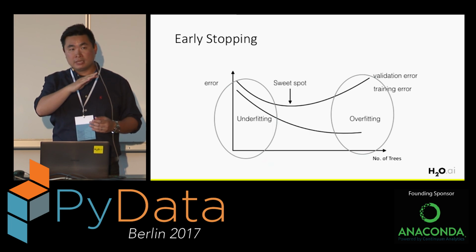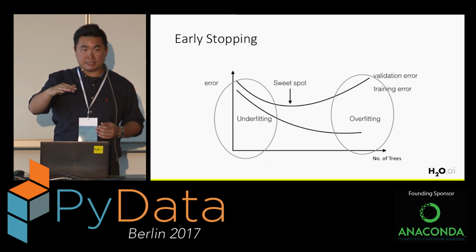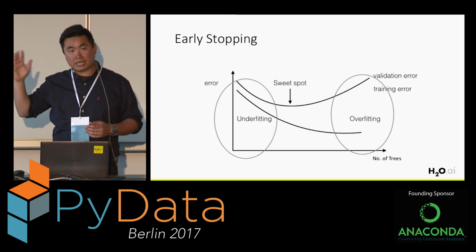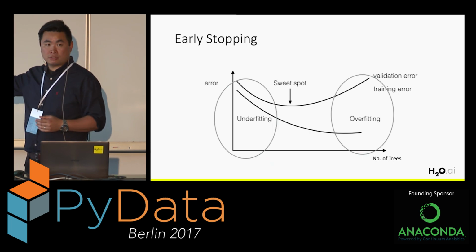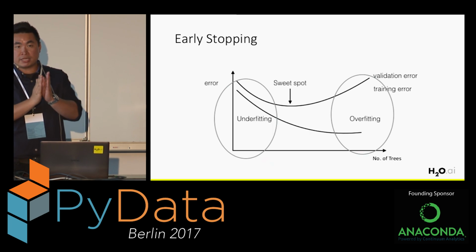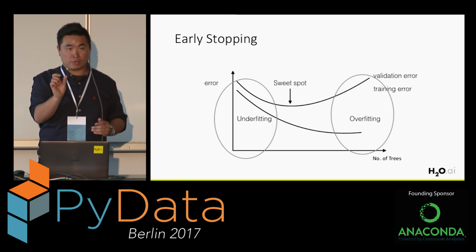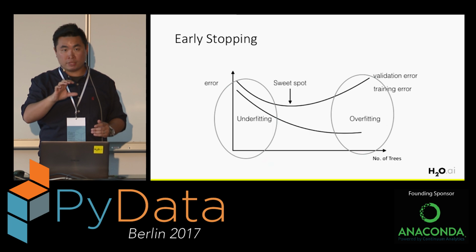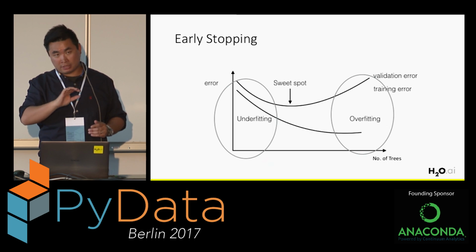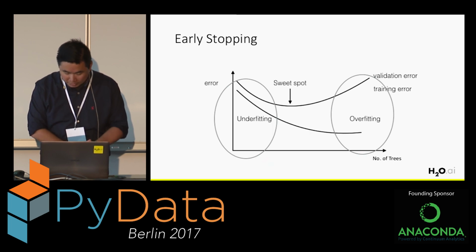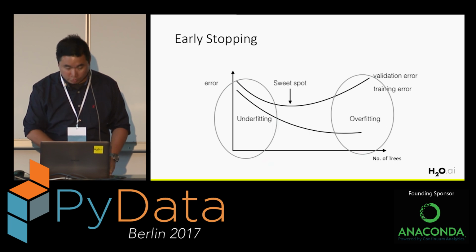At some point, the performance on the test data set will deteriorate, and we don't want that. So we want to find that sweet spot, where to stop. We don't want to train the model for too long. We want to find a sweet spot where the test performance is just right, just perfect, before it starts to deteriorate. And that's what we want to do in this step. We want to find a sweet spot.